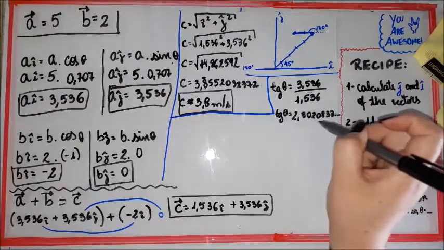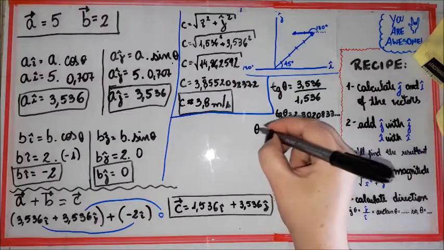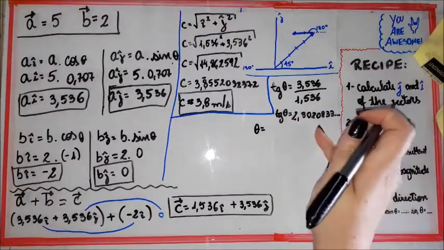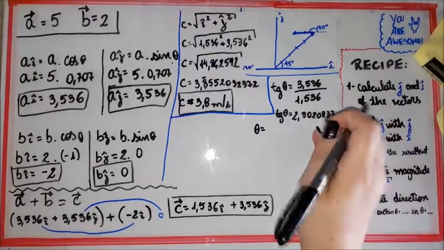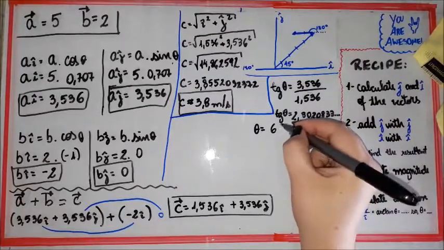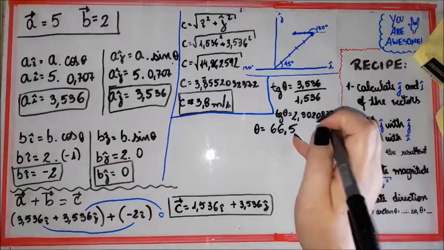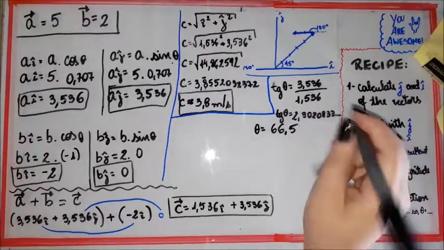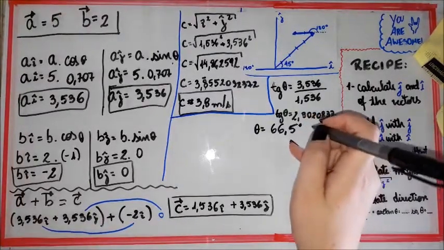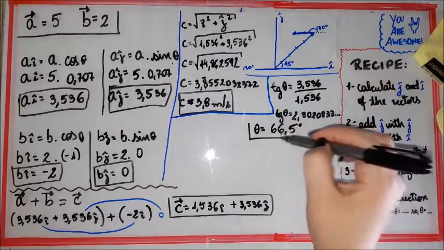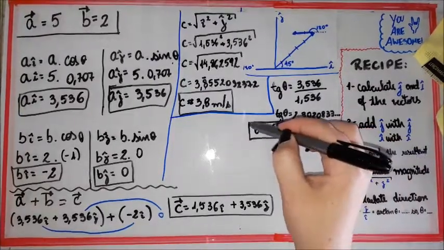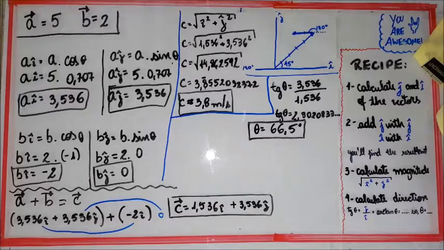This is not the degree yet. So this degree is 66.5 and so on, but we're going to use it until there. 66.5 degrees. This is the direction. Alright.